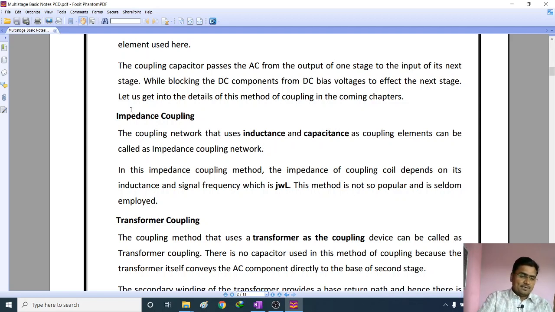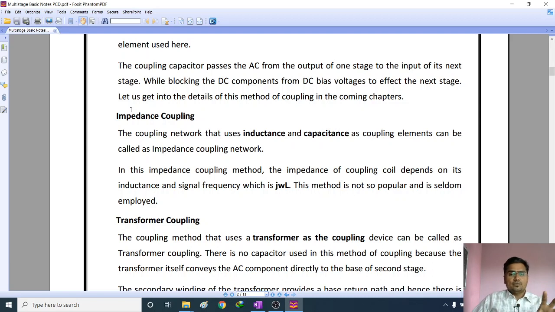Generally inductor and capacitor are used for impedance matching. You have seen impedance matching circuits, maybe in network analysis, I don't remember. So whenever impedance matching comes, you need to think about inductor and capacitor only.